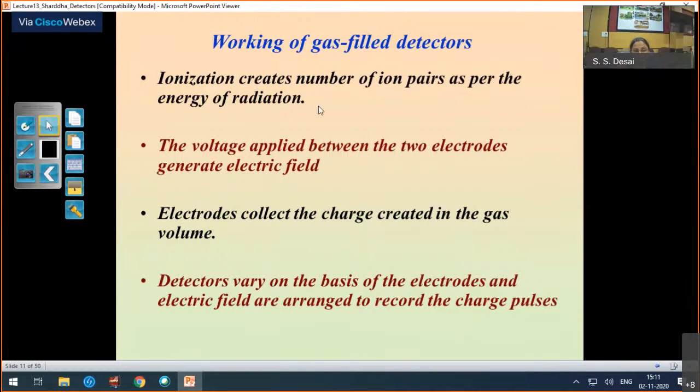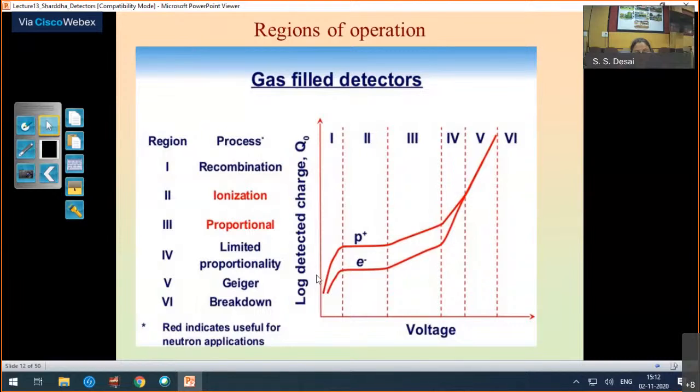The incoming radiation creates ion pairs. The bunch of ion pairs travels towards the electrodes, as there is a voltage applied between them, and the electrodes collect the charge to create a pulse resulting from the radiation. So when we have two electrodes and a bunch of electron and positive ion pairs, this charge cloud can be treated by applying different voltages.